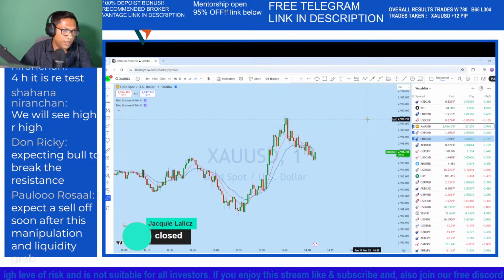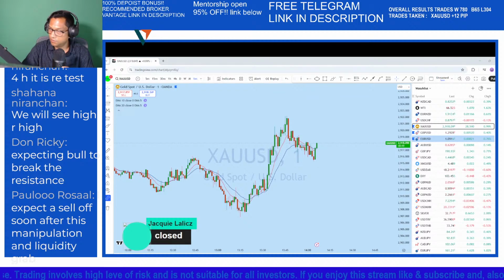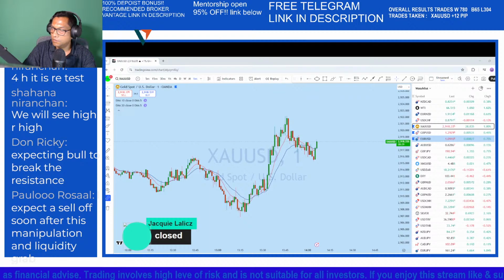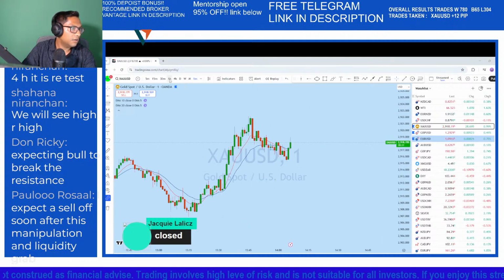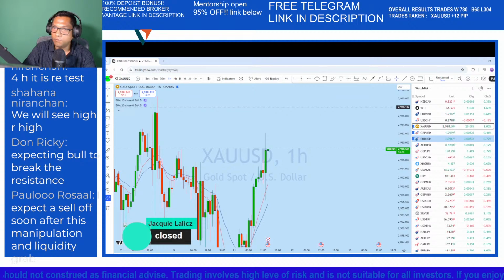I think it's going to gain potential momentum. It's going to try to retest the 1-hour resistance line to fill that long wick at the top.